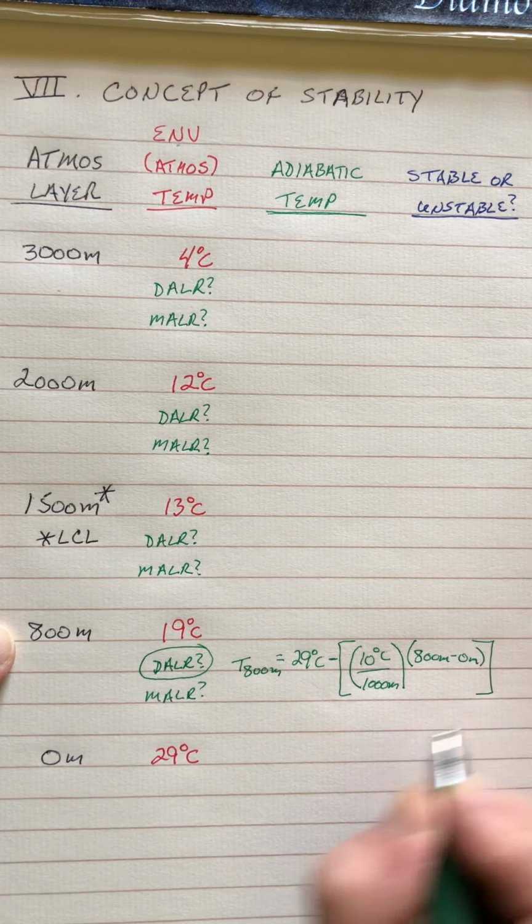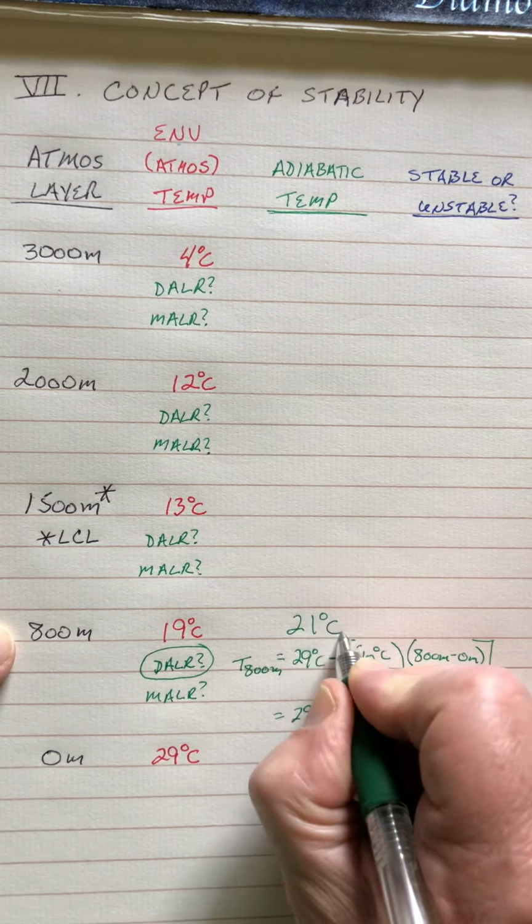Okay, so that will give us 29 degrees C minus 10 degrees C per 1,000 meters, but we're only going up 800 meters in this step. So we're going to subtract 8 degrees C, and so our temperature at 800 meters will be 21 degrees Celsius. So the adiabatic temperature will be 21 degrees.